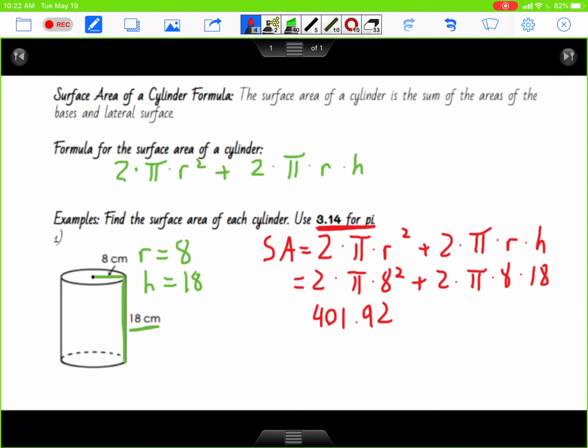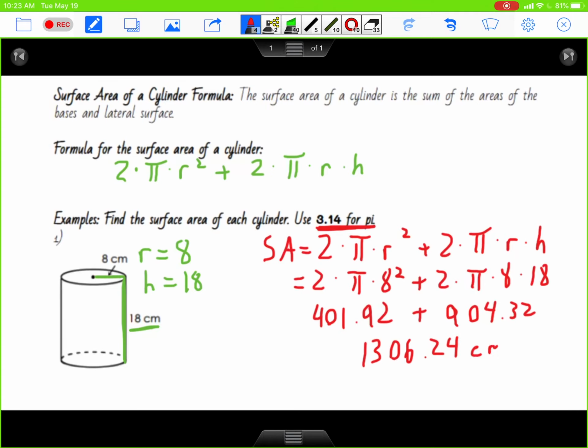Now don't forget, 3.14 for pi is perfectly fine. You don't have to hit the pi button. Plus 2 times 3.14 times 8 times 18 is 904.32. Add them together, 904.32 plus 401.92, and you get 1,306.24.